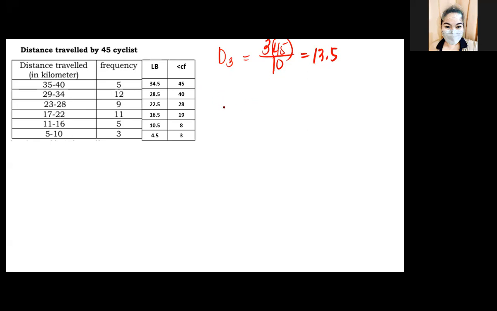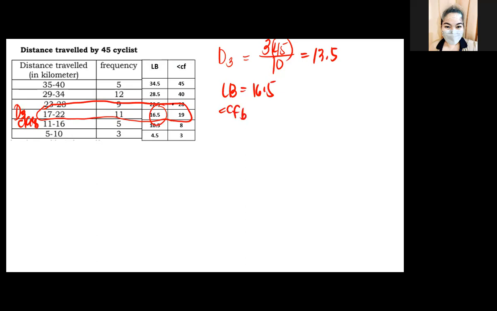Ito, 17 to 22 class. We have the lower boundary 16.5.